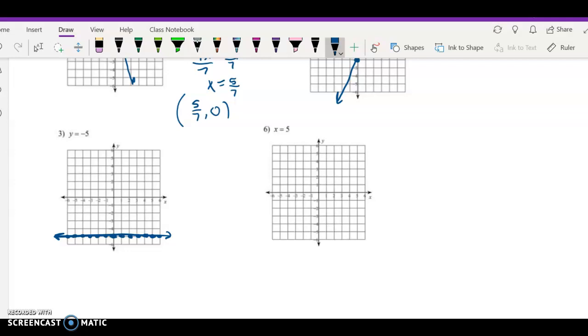For x equals 5, that means I go 0, 5, and no matter what my y is, I'm always going to be over 5. So it's just the opposite. So this is a vertical line. So anytime they don't give you a y in the equation, it's going to be vertical.